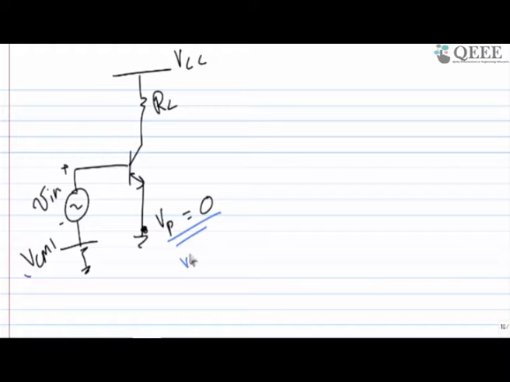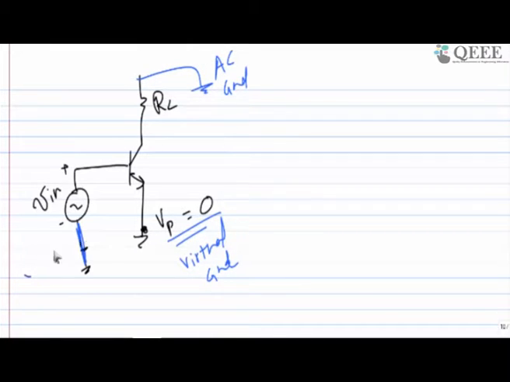So I took it because of virtual ground. It's AC virtual ground. We also agree that wherever there is a DC quantity, we are going to call it AC ground. So ultimately this will be the circuit, nothing else. You are going to see only this one.